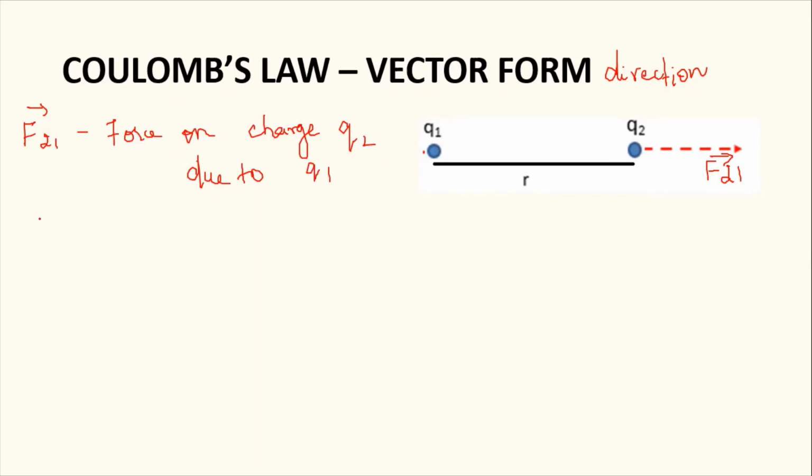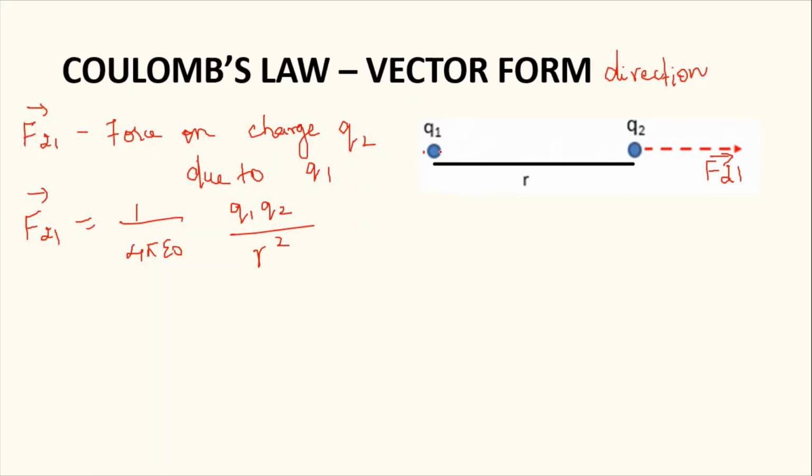This can be written as F21 vector is equal to 1 by 4 pi epsilon naught Q1 Q2 upon R square. So what will be this R here? Who is applying the force here?